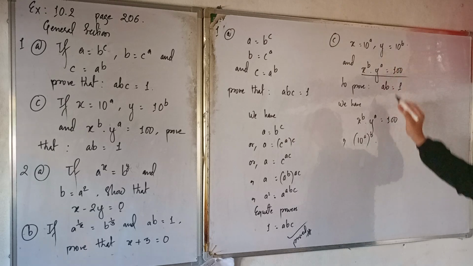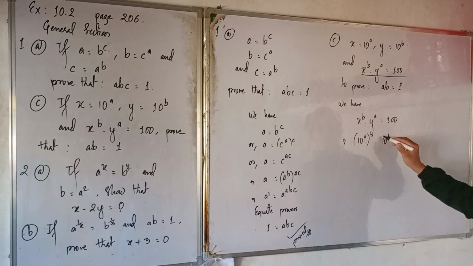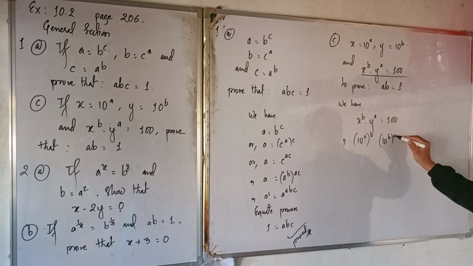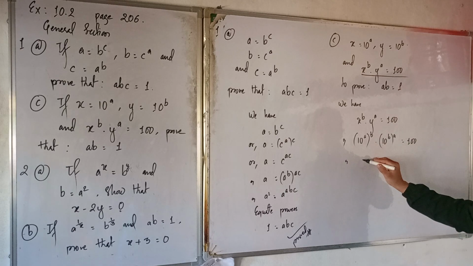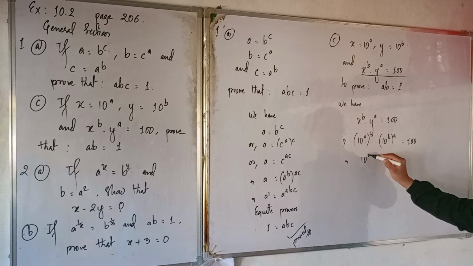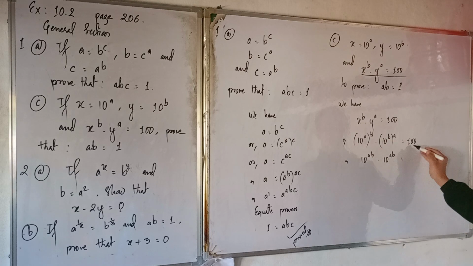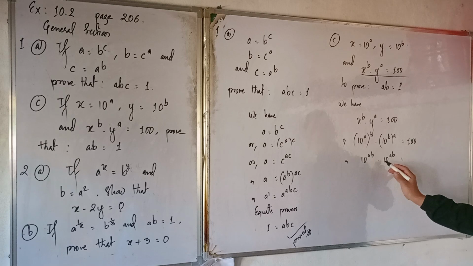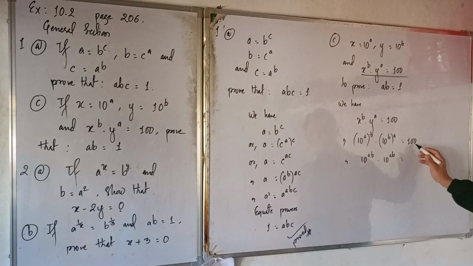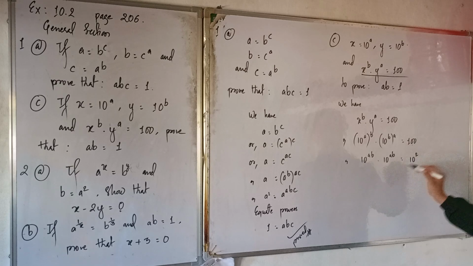And for y we have 10 power b, and the a is already here, don't miss it, and this is 100. So this becomes 10 power ab, here also ab. Since the base here is 10, try to convert this also to base 10. Express this 100 in terms of base 10. So 10 power 2, that is 100.